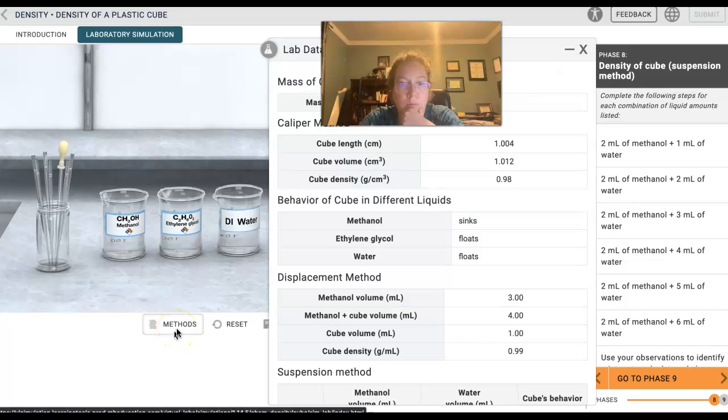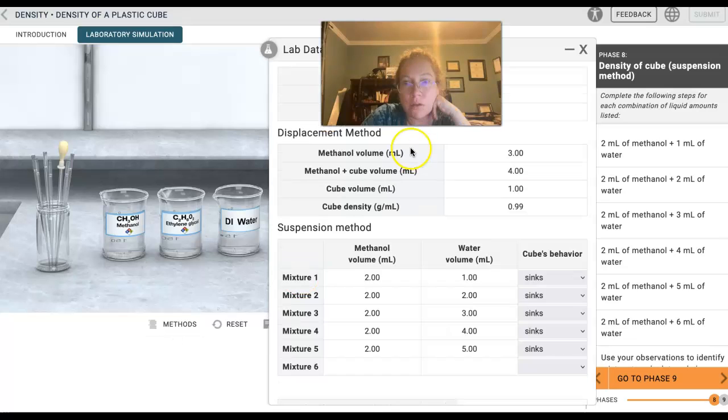Okay, since that was a little repetitive, I just went ahead and did the other volumes.